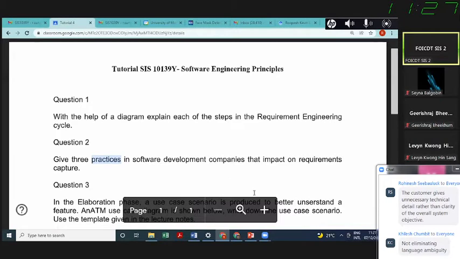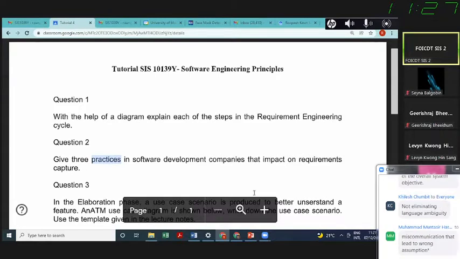One practice is that we try to compress schedules. In the software development industry, companies try to compress the schedule. So what's the schedule?